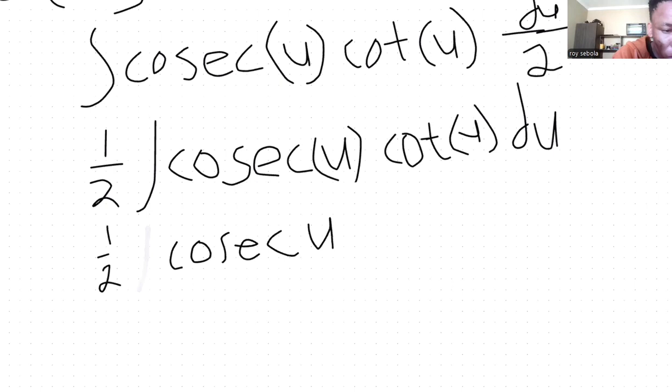Now we know the value of u. We put this in here: 1 over 2 cosec, our u is 2x minus 1, plus c. So this is the final answer for that integral.